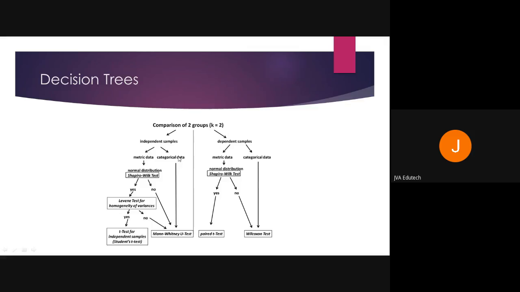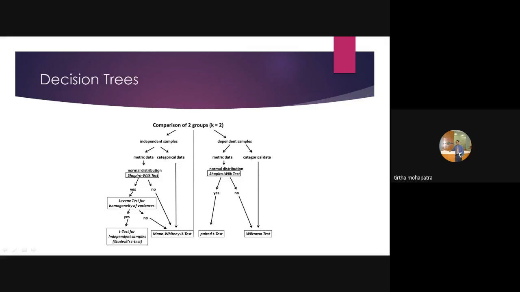If you cannot measure deviation, how can you say whether it's normally distributed or not? Because the more the deviation from the mean, the more skewness there will be, but you are unable to determine the deviation in this case. So if it's categorical data, directly move to the non-parametric equivalent of the independent test.